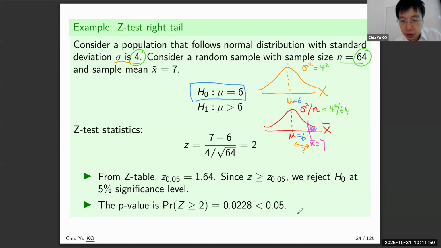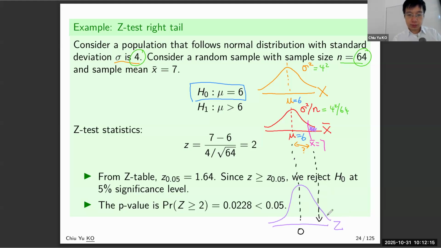we can convert this to the Z. And when we convert to Z, this is 0. And what's 7 here? When you convert this, look at how many SD from this. So this is distance 1. And the SD is what?